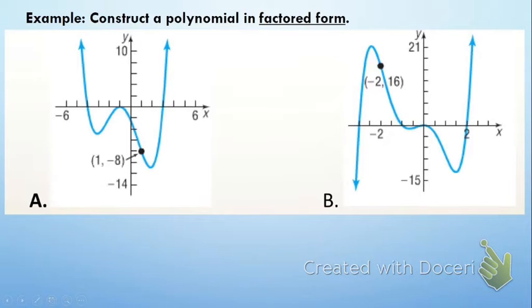What are the zeros on part A? Negative 4. There's a double root at negative 1. So that has a multiplicity of 2, and at 3.